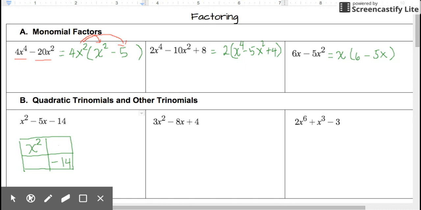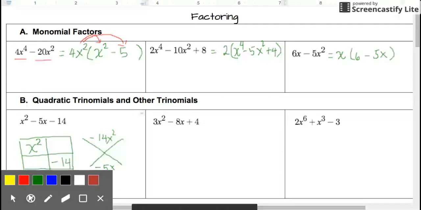We're missing 2 boxes here. We don't know yet what they are. But what we know is that when we multiply them, the product is the same as negative 14x squared, and when we add them, we will get negative 5x as the sum.